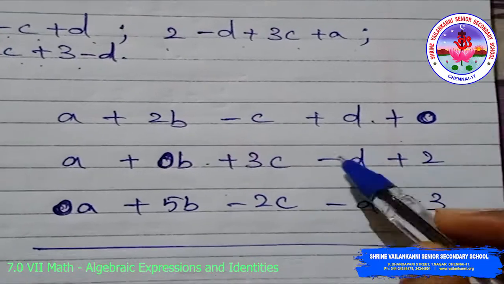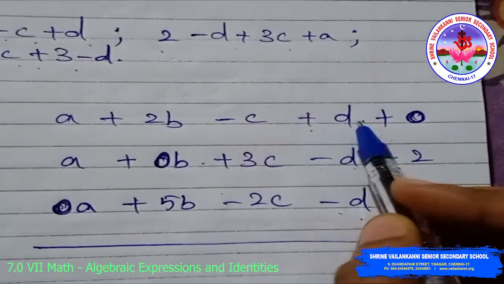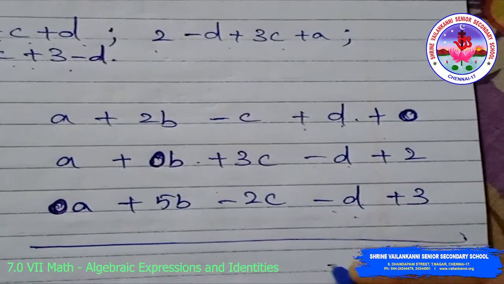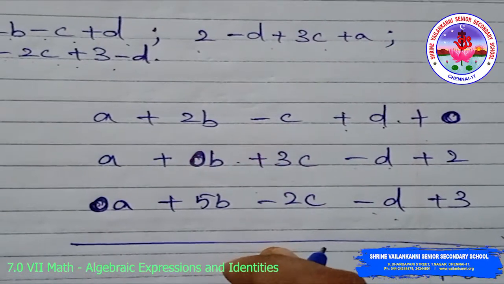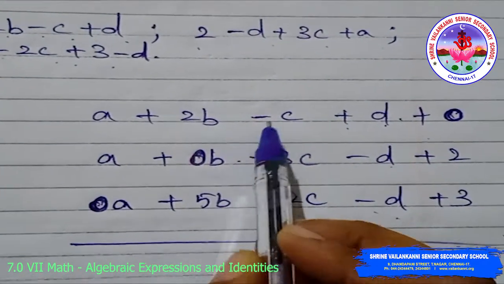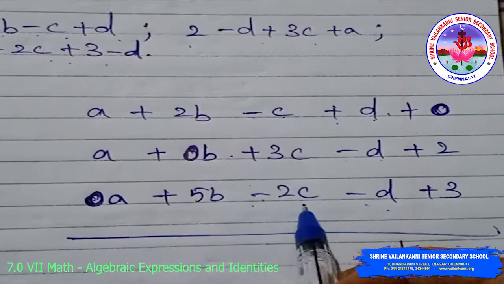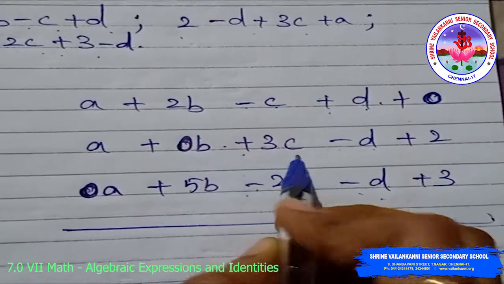Next negative d, that is negative 2d plus positive d. So answer is negative d. Here the value is positive. Next c terms. Here negative c, negative 2c, that is negative c plus negative 2c, that is negative 3c. Negative 3c plus positive 3c, that is 0.